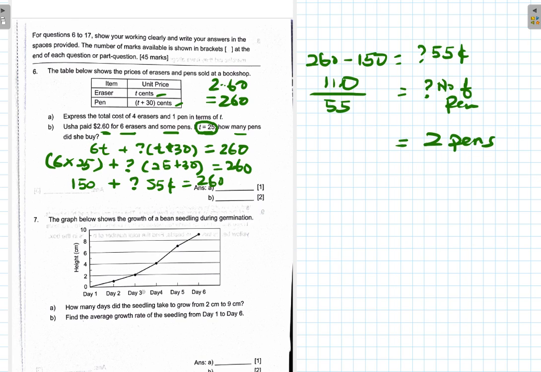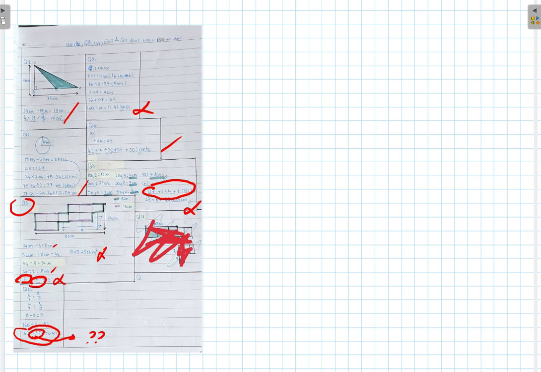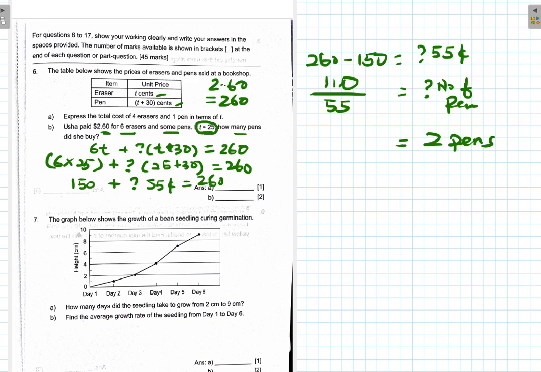Okay, something I want to highlight here about this question. Let's go back here. You see that you go and add 0, add 1, add 2, add 4, add 7, add 9. Wrong. Can you see that here is the height? It's not the growth rate. If you see the growth every day, if they plot the graph as in the growth every day, day 1 is 0 growth, right?